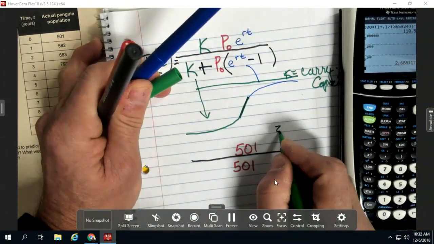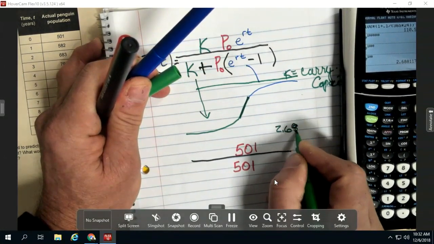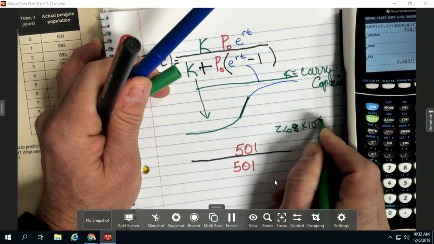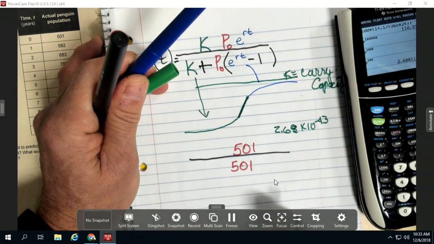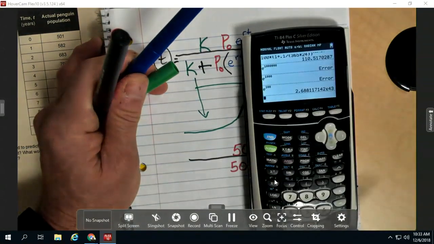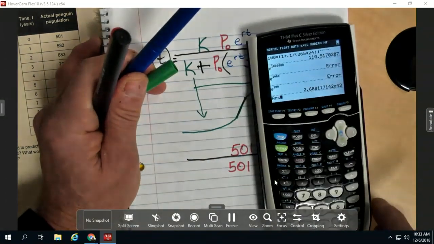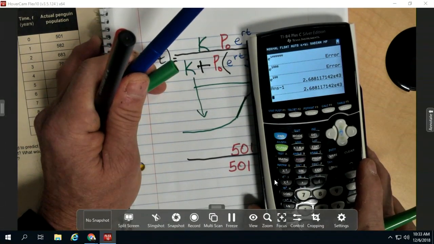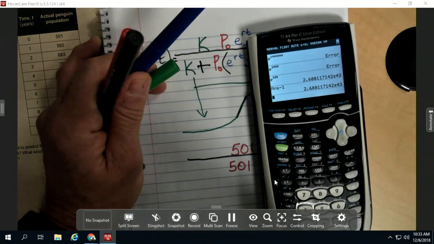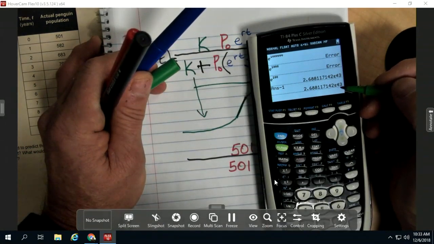e to the 100 is 2.68 or 69 times 10 to the 43. If we take that value and subtract 1, answer minus 1.